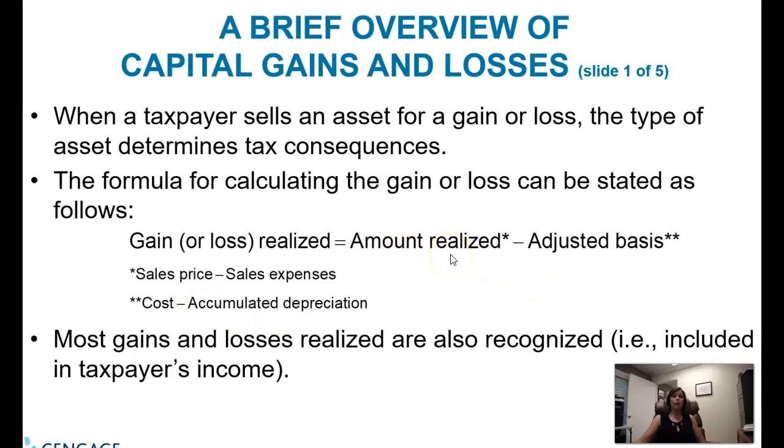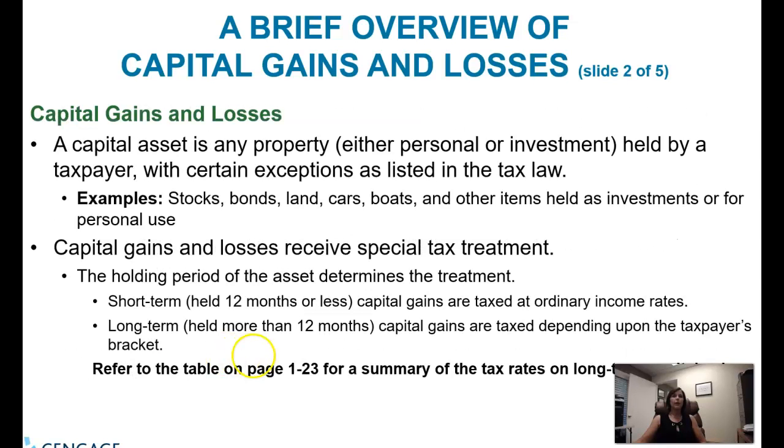If the amount we realized is more than the adjusted basis, then we have a gain. If the amount we realized is less than the adjusted basis, then we have a loss. And generally, gains and losses are also recognized and included in the taxpayer's income.